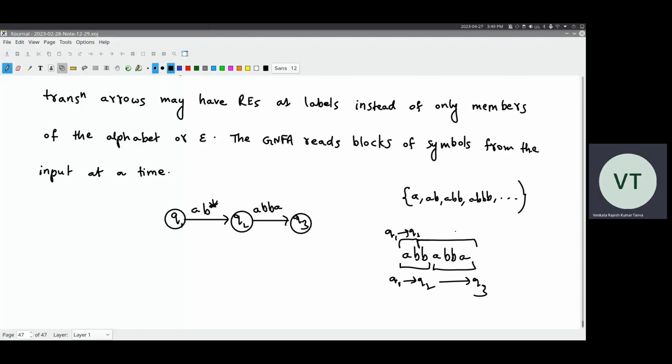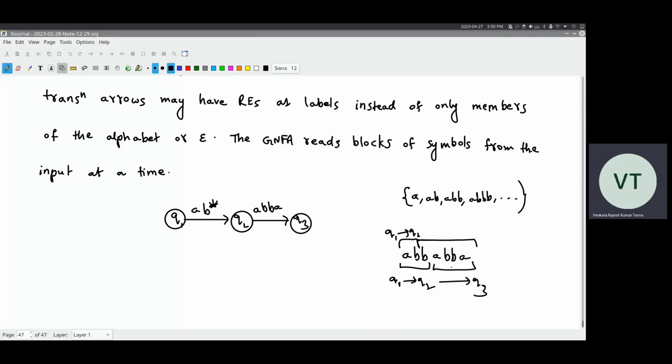But it does not matter. At least if one way of splitting takes you from one state to the other, and by continuing this process you end up in a final state, then the entire string will be accepted. There can be a million ways of splitting a string. If at least one of these ways will take you towards the final state, that is fine. It's not necessary that every way of splitting should take you to the final state.